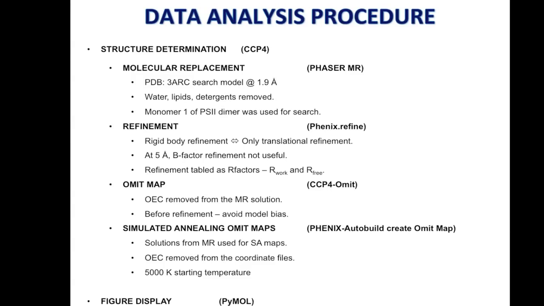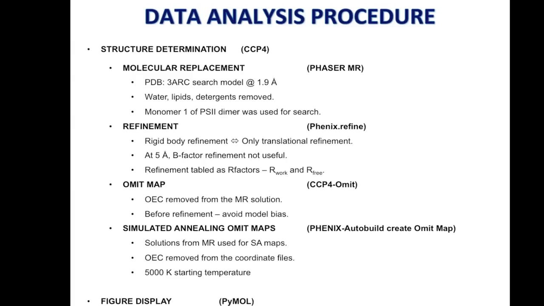For example, in this case, we start with molecular replacement. The PDB entry used for that is mentioned here. Water, lipids, and other detergents have been removed, and then monomer 1 of the PDB file has been used for the search. Then once you do that, you can go ahead and do some refinement processes.